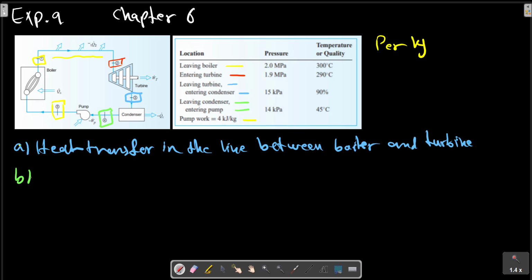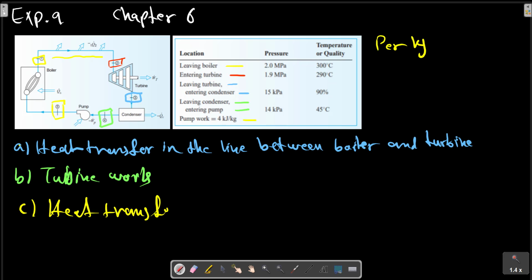B: the turbine work. C: heat transfer in the condenser. D: heat transfer in the boiler.